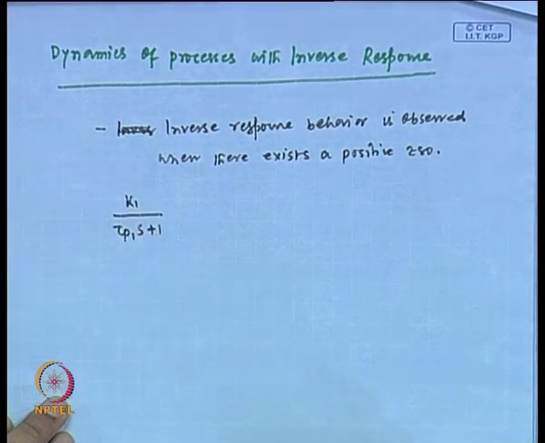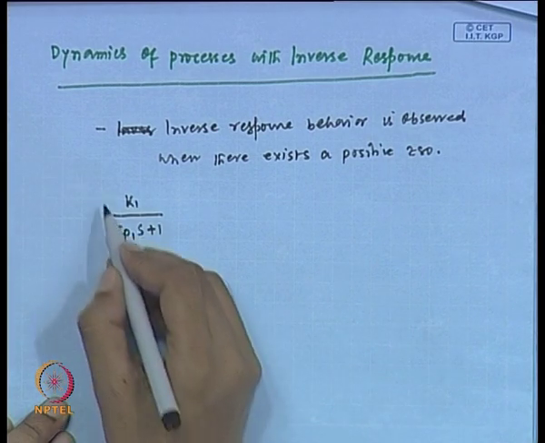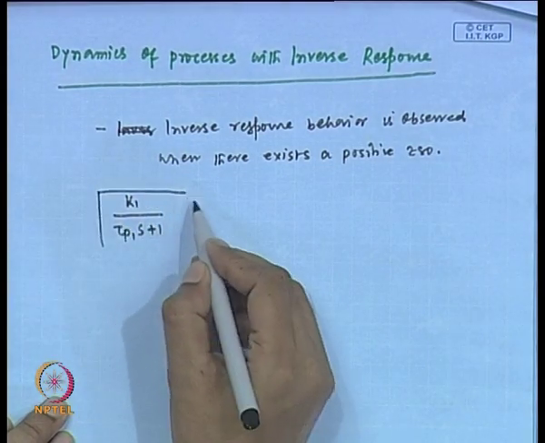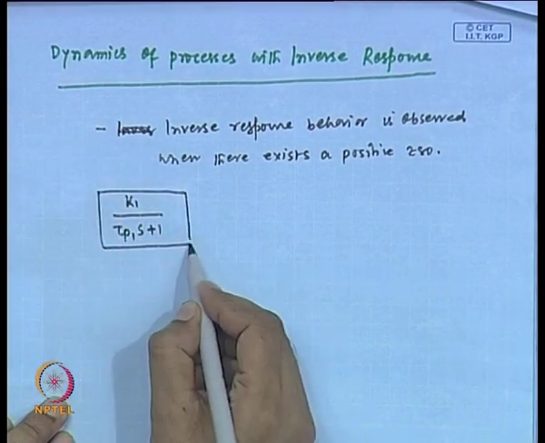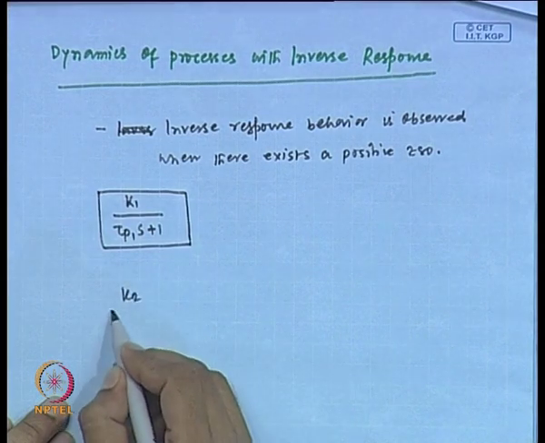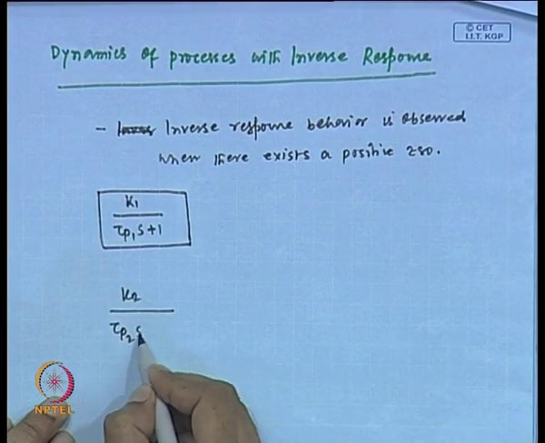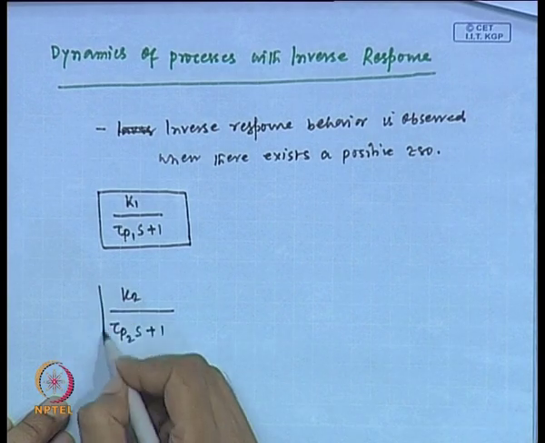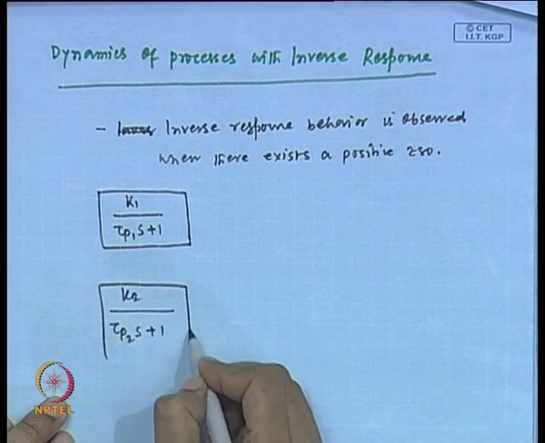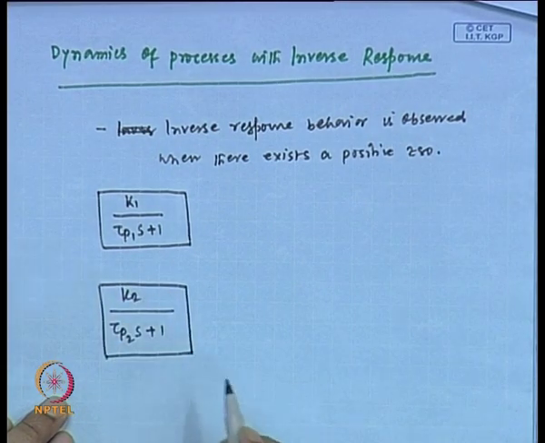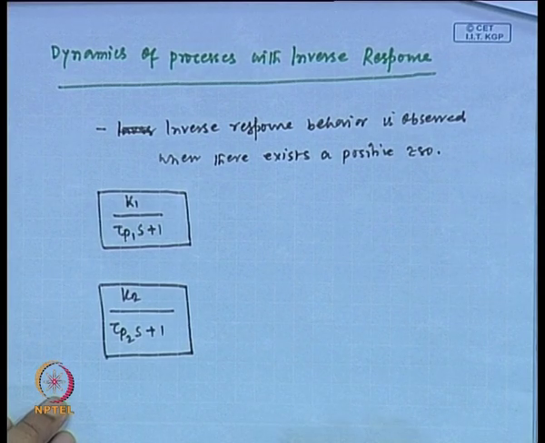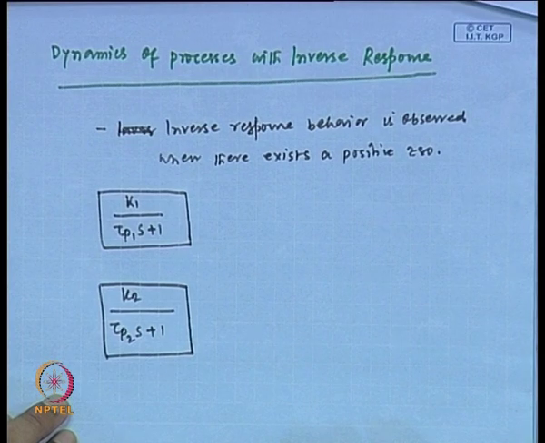One has the transfer function of k1 divided by tau p1 s plus 1. Another one has the transfer function of k2 divided by tau p2 s plus 1. Now, we want to find the condition at which this process shows inverse response behavior.